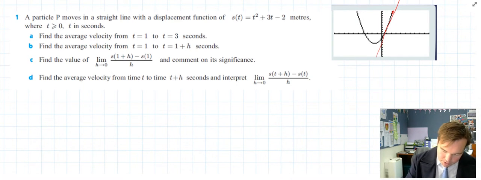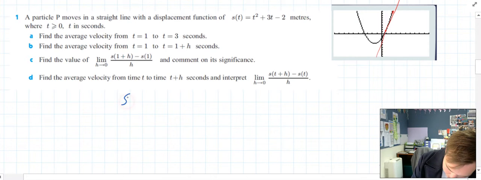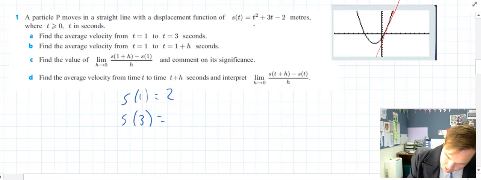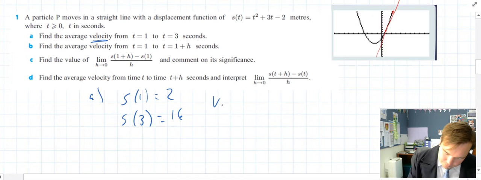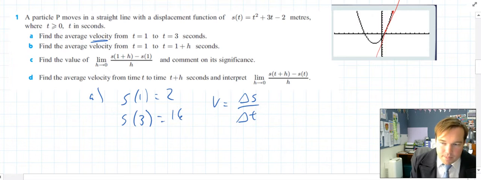So what we have to do here is work out what s of 1 is. S of 1 is 1 plus 3 is 4, take 2 is 2. S of 2 we don't need because it's asking us for s of 3. S of 3 is 9 plus another 9, take 2 is 16. So therefore, velocity is equal to change in displacement over change in time.